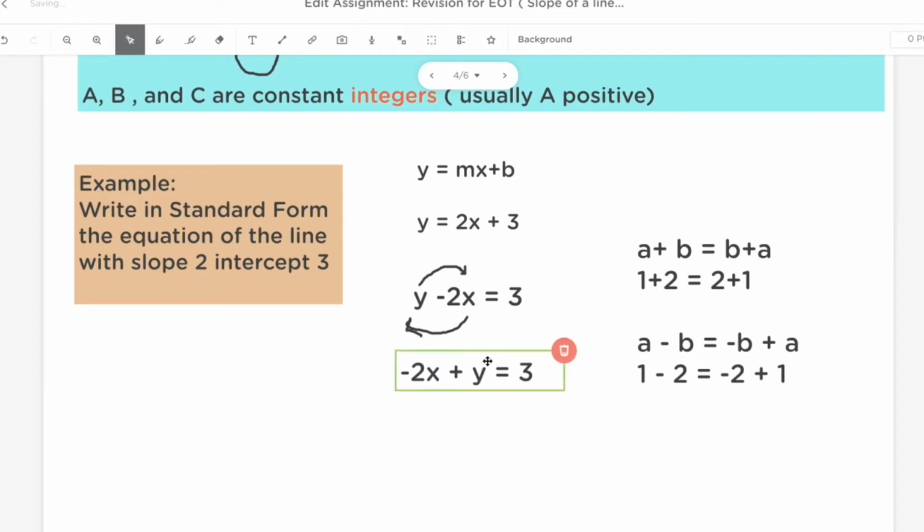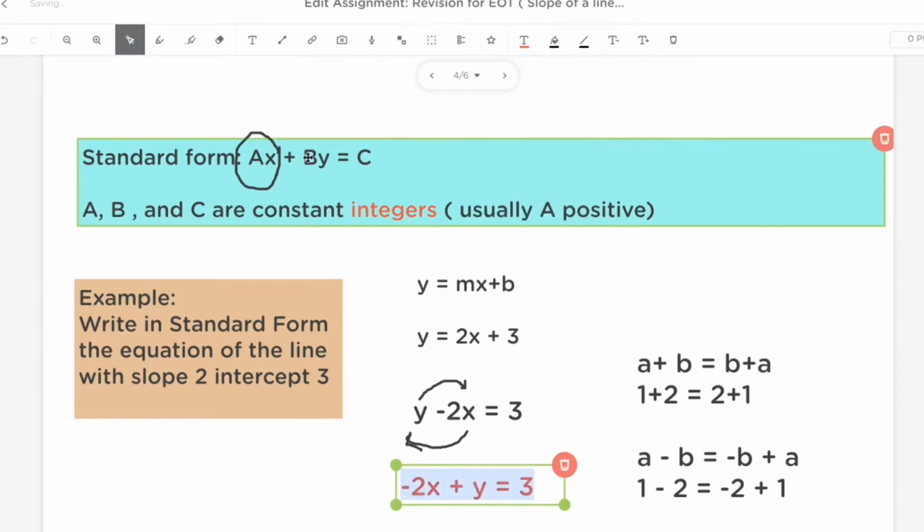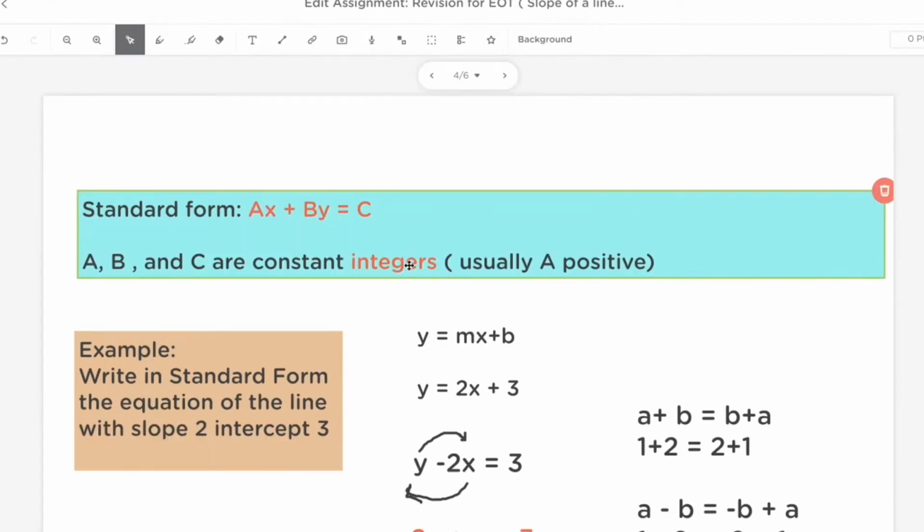And that's it after I swap. Is this in the form ax plus by equals c? Look at it. Yes or no? A, b, and c are constant integers.